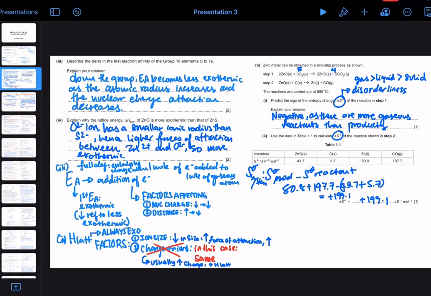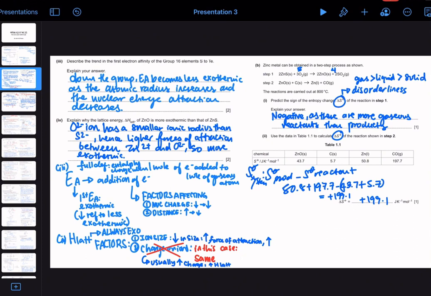But basically, down the group, the electron affinity becomes less exothermic. Why? Because the atomic radius increases and the nuclear charge attraction decreases. So yeah, down the group, atomic radius increases and nuclear charge attraction decreases. That's why your electron affinity becomes less exothermic.